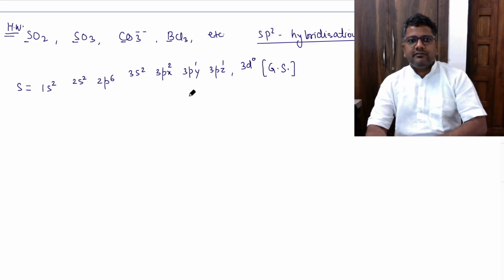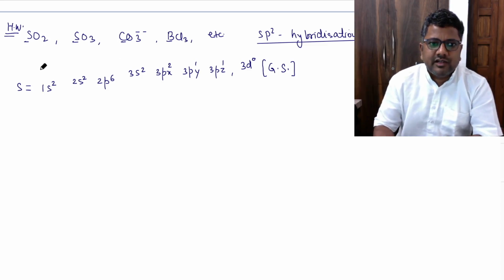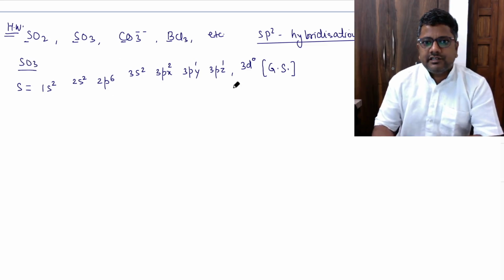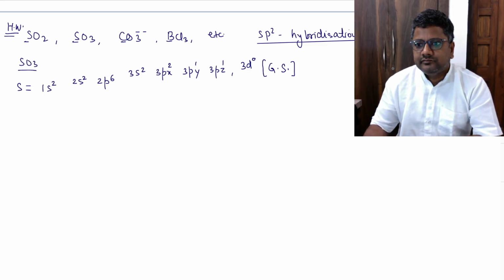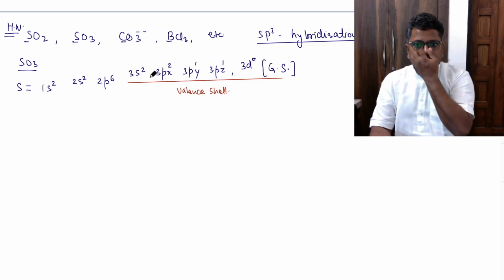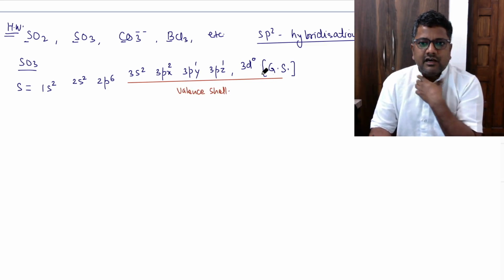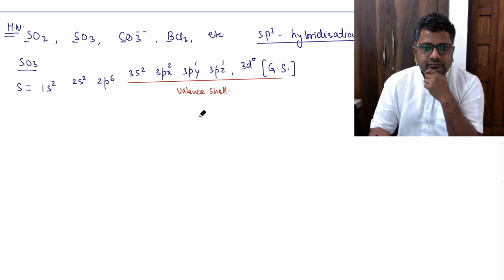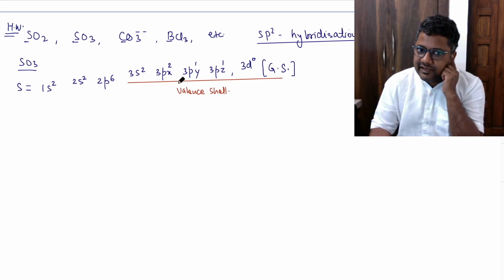But with this electronic configuration, you cannot explain the formation of the sulfur trioxide molecule. You have to see, this is the valence shell. The orbitals of this valence shell are involved here.